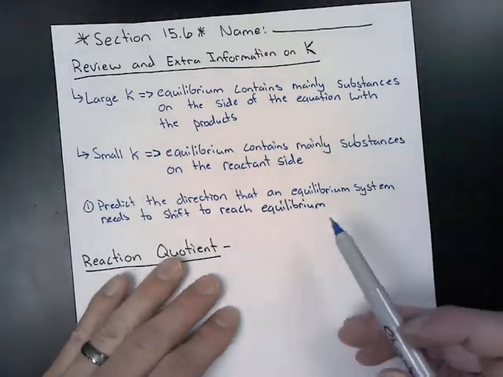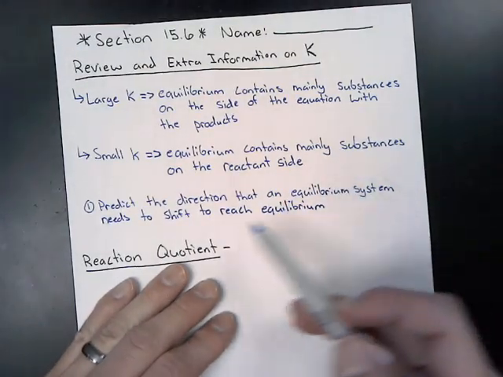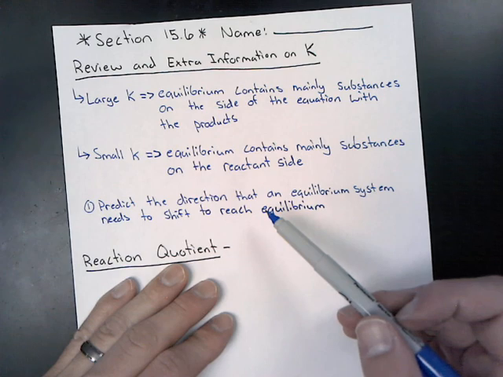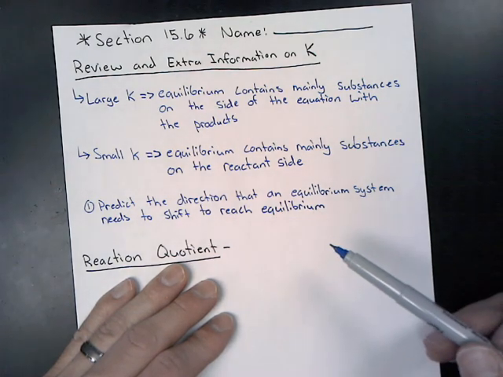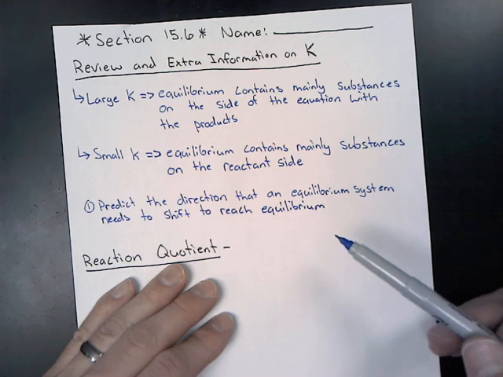This is probably the major thing here: we can predict what direction this equilibrium system needs to shift to be able to reach that equilibrium.